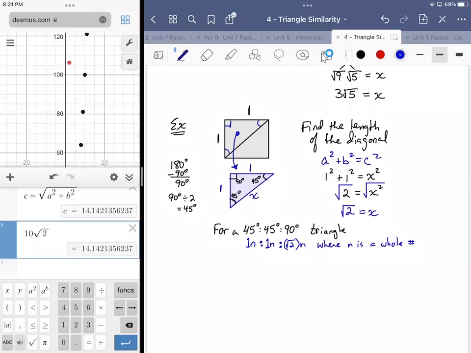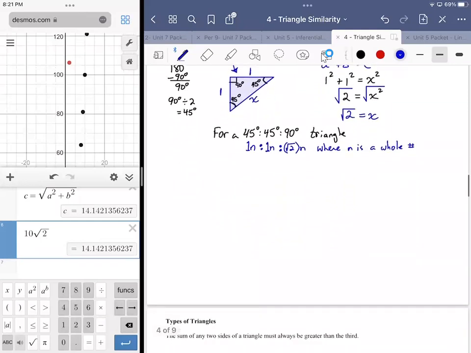Now, the last one. So another side example. I'm going to create an equilateral triangle. Now we know in an equilateral triangle that all the sides are congruent, but what you may not remember is that all the angles are congruent as well, right?